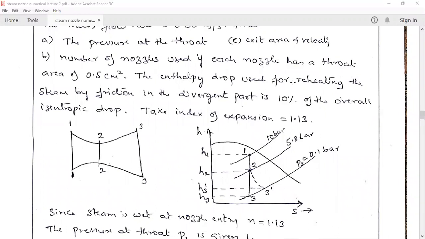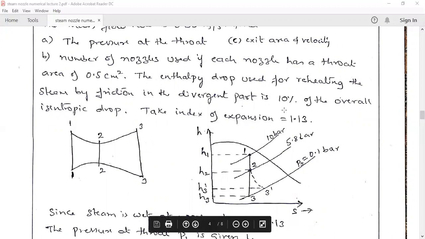Enthalpy drop used for reheating the steam by friction in the diverging part is 10% of the overall enthalpy drop. That means here actually the enthalpy drop is occurring from 2 to 3 dash. This is the actual enthalpy drop taking the friction of 10%.